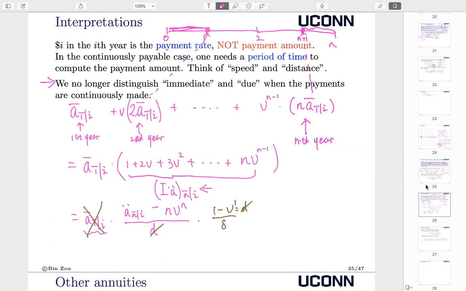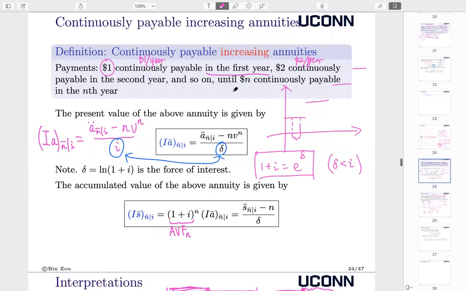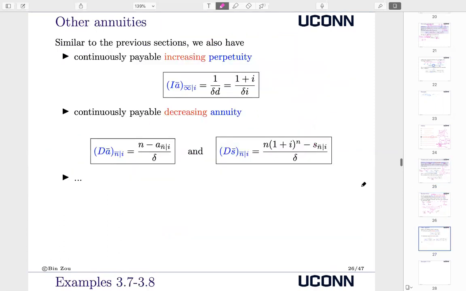So here we have n years, not exactly n payments. We go from year 1 to year n. What if n goes to infinity? Then it is a perpetuity. So we have a continuously payable increasing perpetuity. For perpetuity, in the notation, you change n to infinity. We actually take the limit for n to infinity. If this is the case, we know this will go to 0.